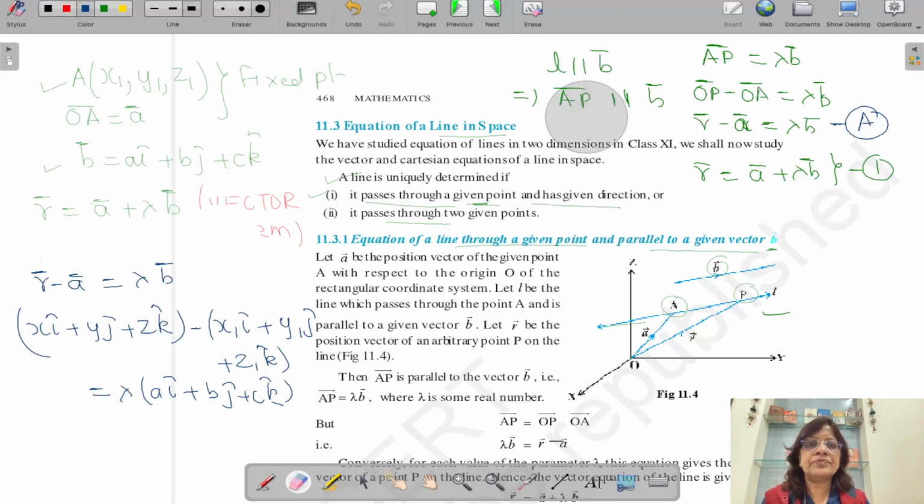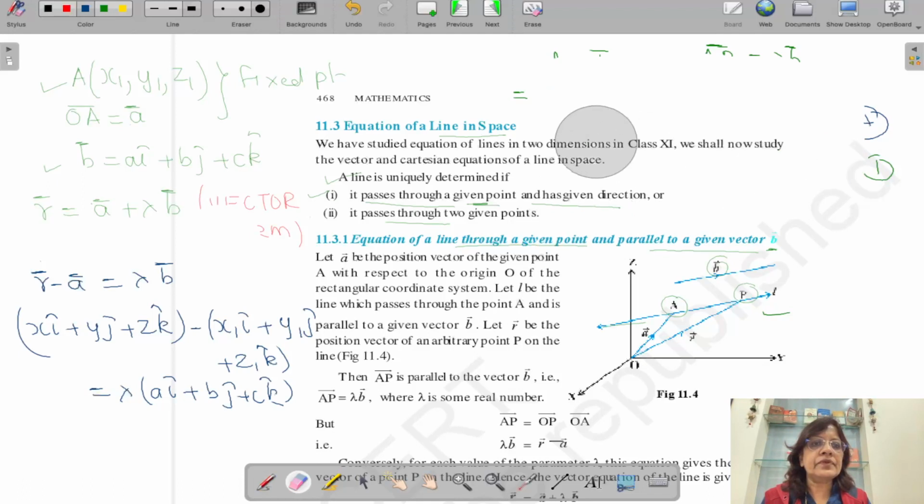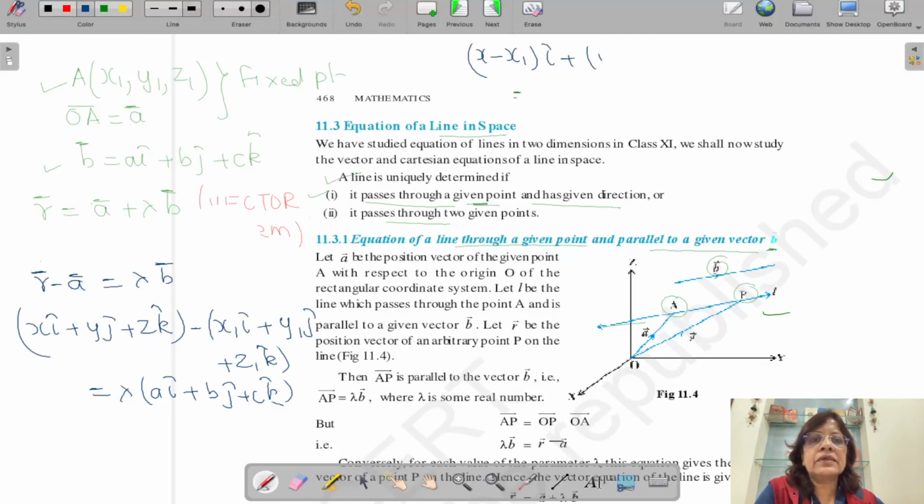Remember both the forms, Cartesian and vector form. If we write it by grouping the terms, this will be (x minus x1)i plus (y minus y1)j plus (z minus z1)k is equal to lambda times (ai plus bj plus ck).